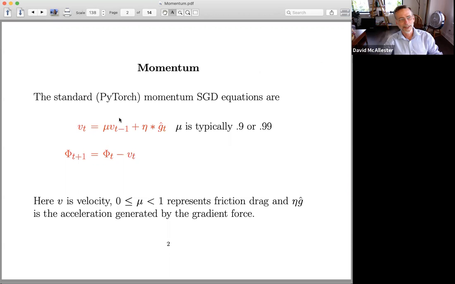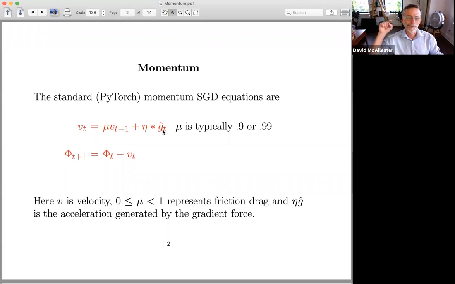So the idea is the velocity is going through some viscous material, so the velocity is slowing down. So you multiply the velocity by a number less than 1 to slow it down, and then you add in a force, and the force is the learning rate times the gradient estimate.